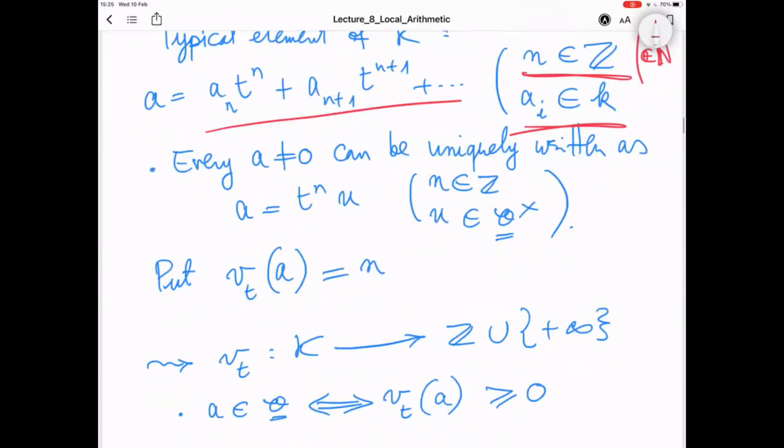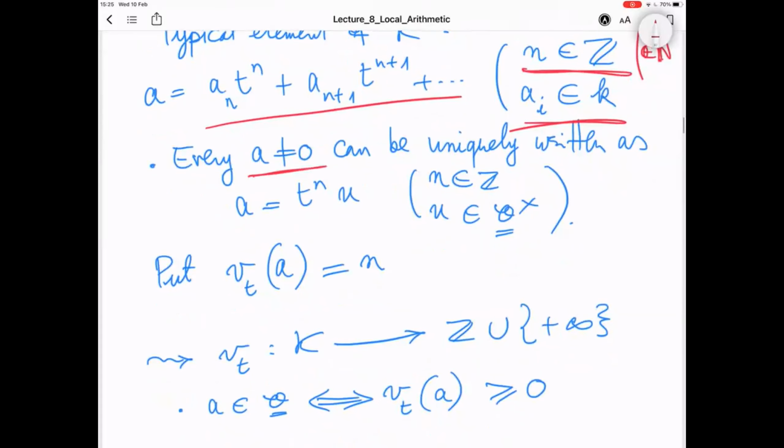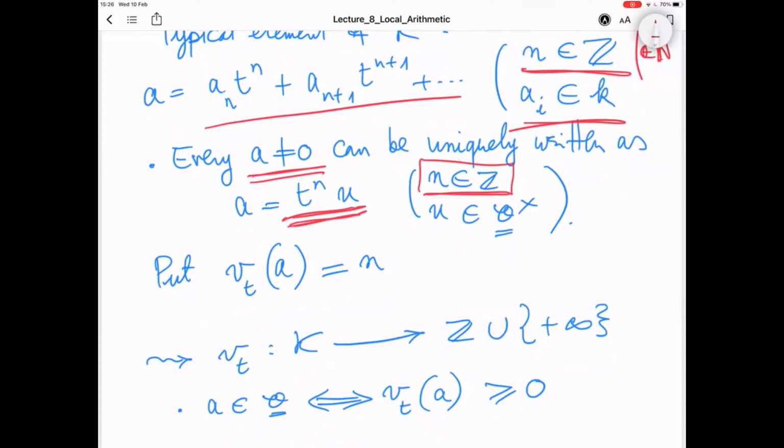So just as every a in the ring could be uniquely written as t to the n times u, where n was a natural number, here every non-zero a can be written as t to the n times u, where n is now allowed to be an arbitrary integer and u remains a unit in the ring.